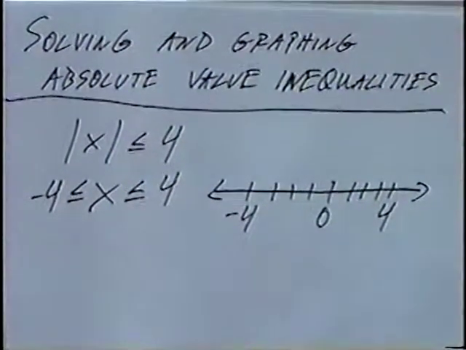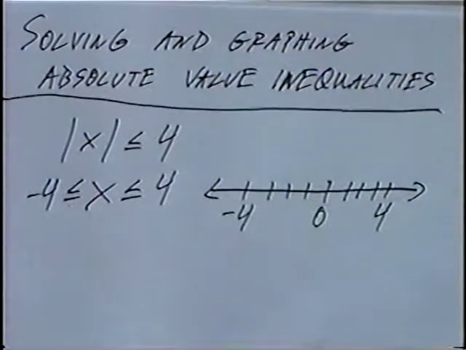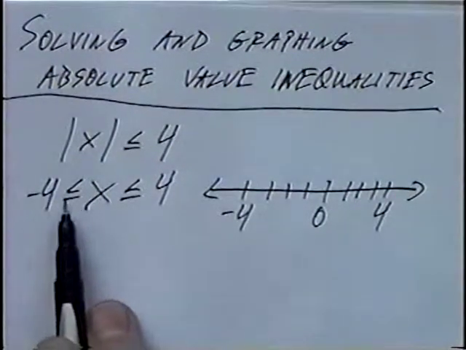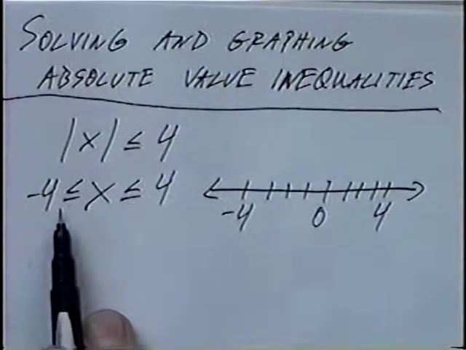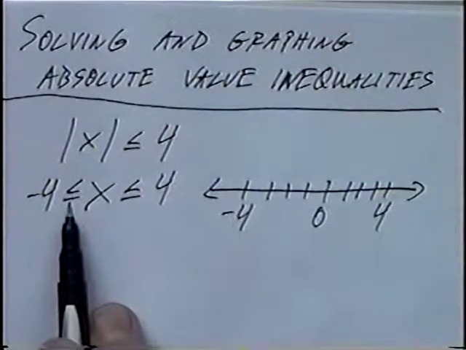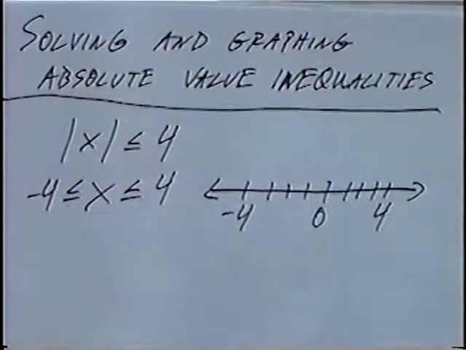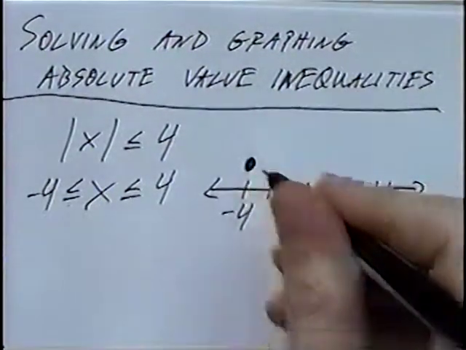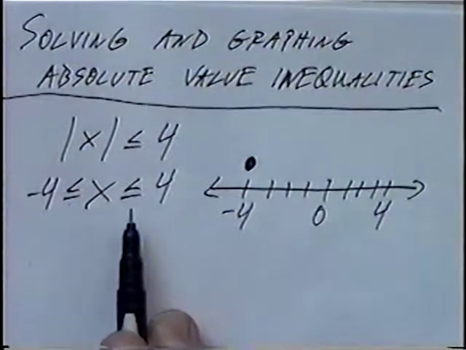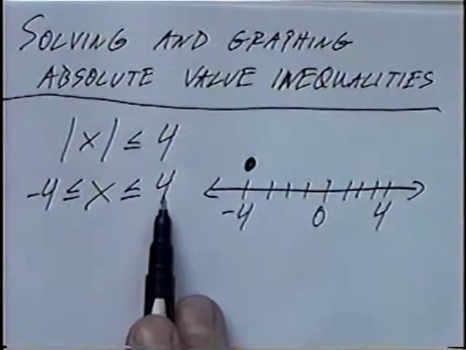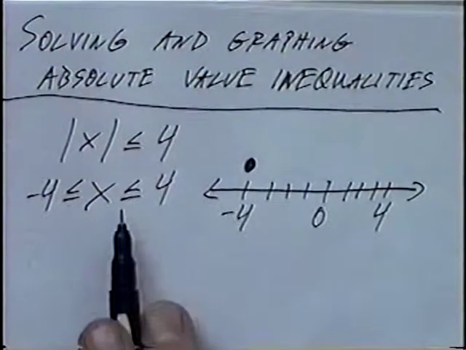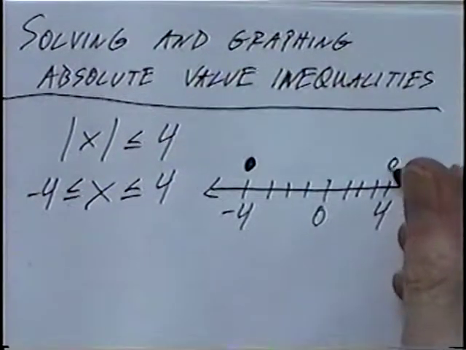And from here we can graph with the open circles and closed circles. For the negative 4 value, negative 4 is less than or equal to x. Less than or equal to means it will be a closed circle above the negative 4. And for the positive 4, we have x is less than or equal to 4. Less than or equal to means, again, it is solid above the positive 4.